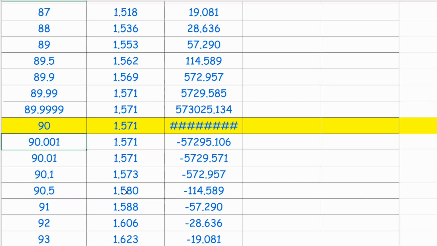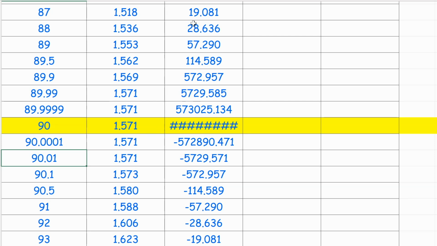Those numbers are heading down towards bigger and bigger negative numbers, right? Now we can match the other side by putting 90.0001, and then you see that that number is very similar to this number here, in that it's in the hundred thousands, right? This is essentially 573,000. The discrepancy in the numbers from the top and the bottom is just about how the rounding is happening here.